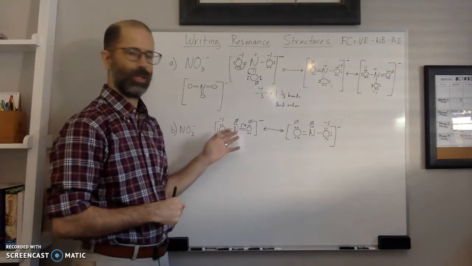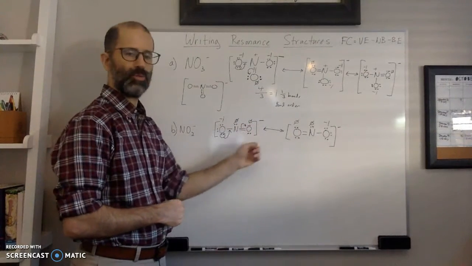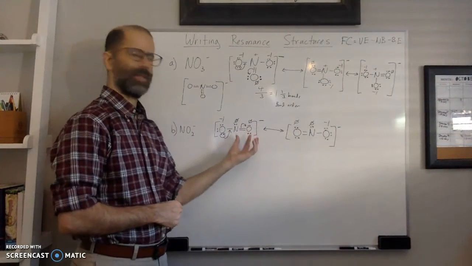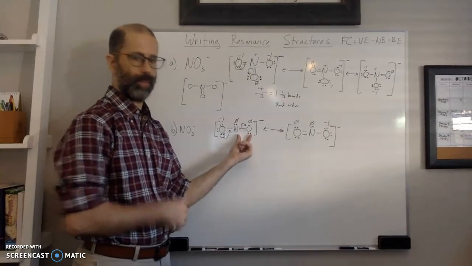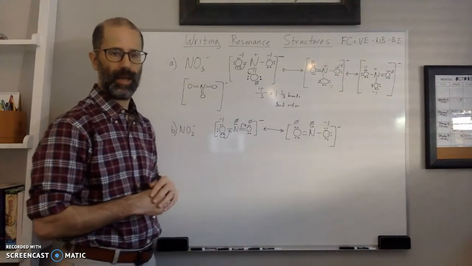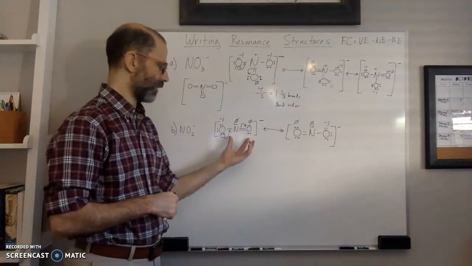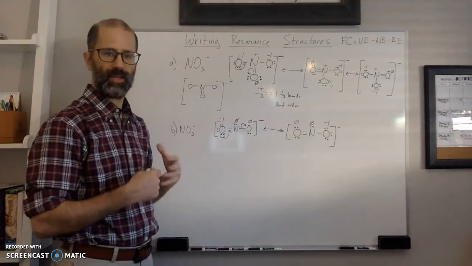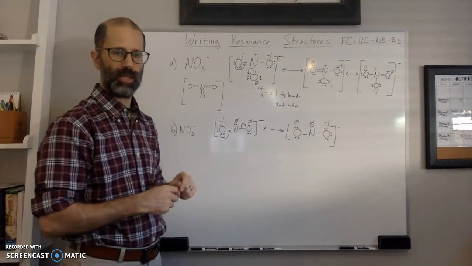The electrons really are fluctuating here. The electrons really are moving, but it's not like you have a double bond at one point, and then you've got a single bond, and at another point a double bond. It's not happening like that. The electrons are always in flux. The bonding is representing probability maps of finding those electrons.